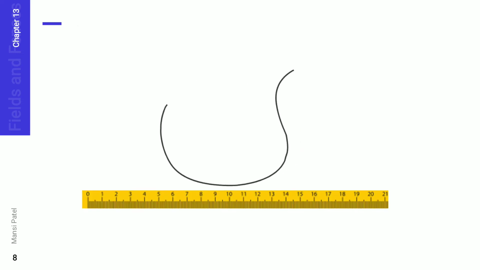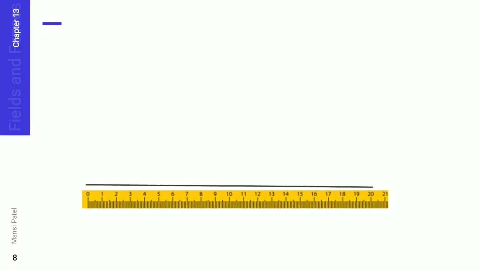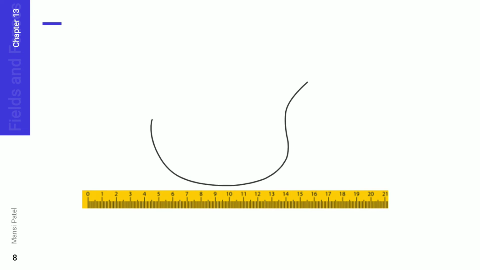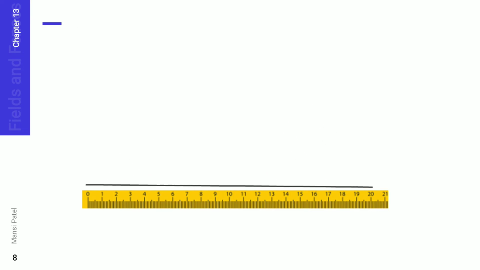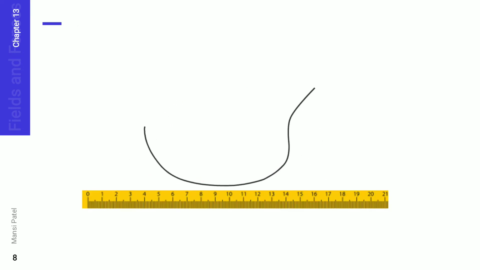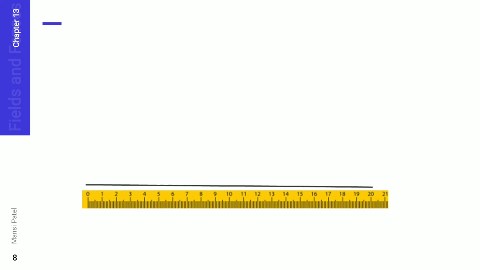So here we can say that the perimeter of this irregular shape is 20 centimeter. You have to remember that if the shape is regular, then you measure it with a ruler or a scale. But if the shape is irregular and you have to find the perimeter, then you have to use the thread.